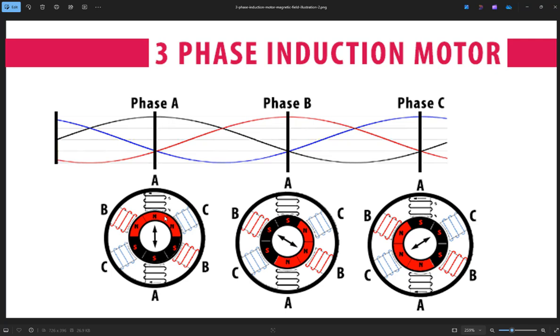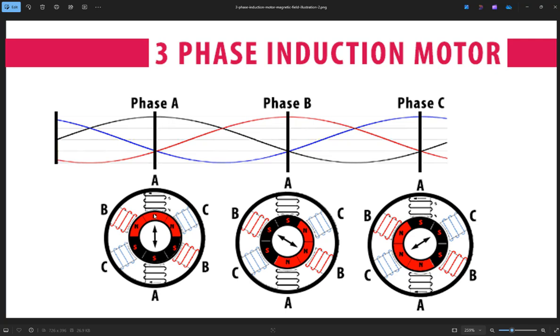Some of the AC motors, induction motors, require three phases of voltage to drive them. If you only have one phase... it's called the stator, right? The stator has three different coils, so it's able to receive three different phases of AC voltage, and that AC voltage will induce a magnetic field, which then creates a current in the rotor, generating an opposing magnetic field.